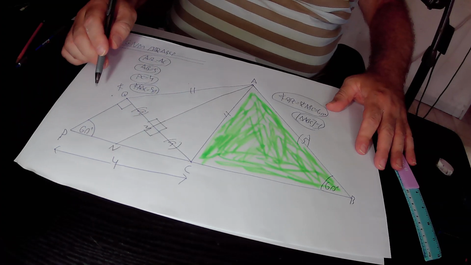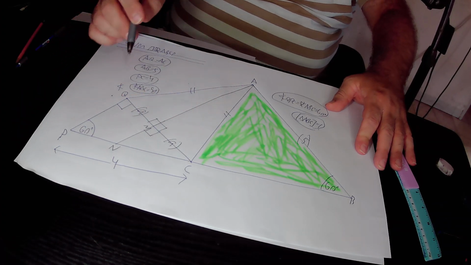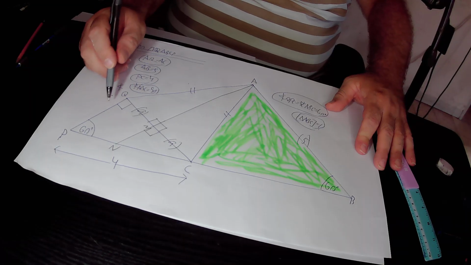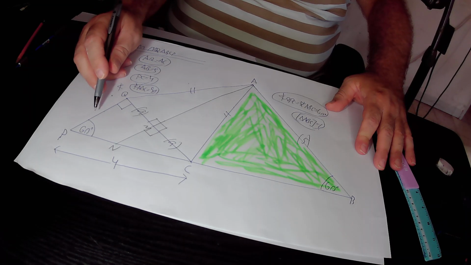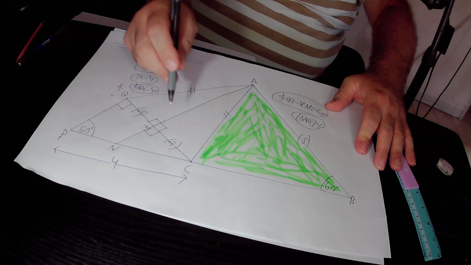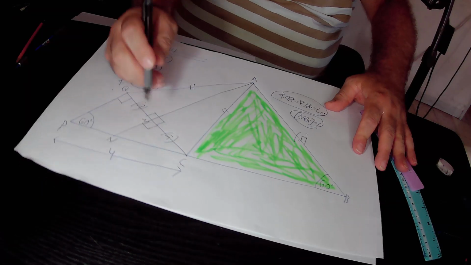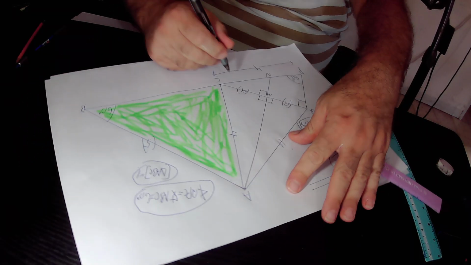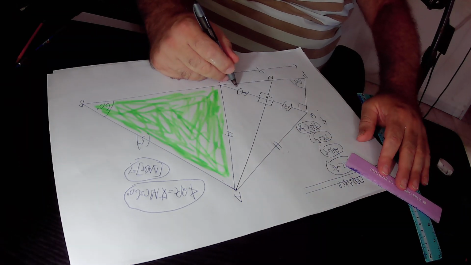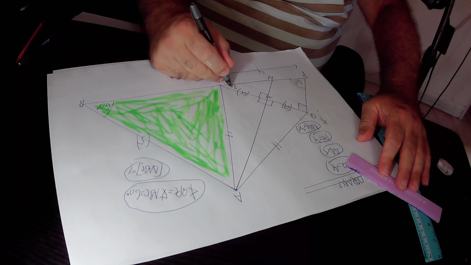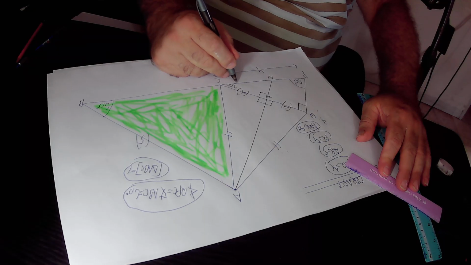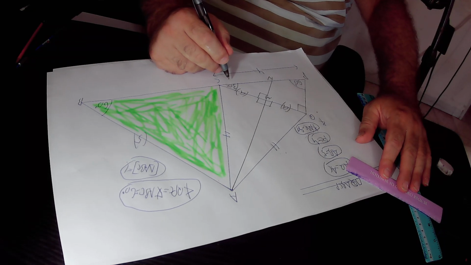So in the right big triangle, triangle PQC, 90 degrees plus 60 degrees is 150 degrees. Therefore, this third missing angle must be equal to 30 degrees in its size, according to the rule that states that the sum of the angles in any triangle is equal to 180 degrees.